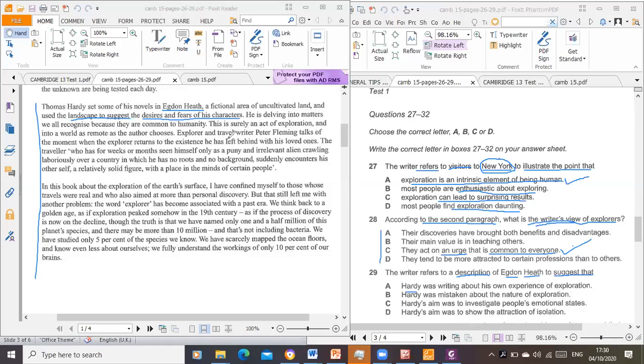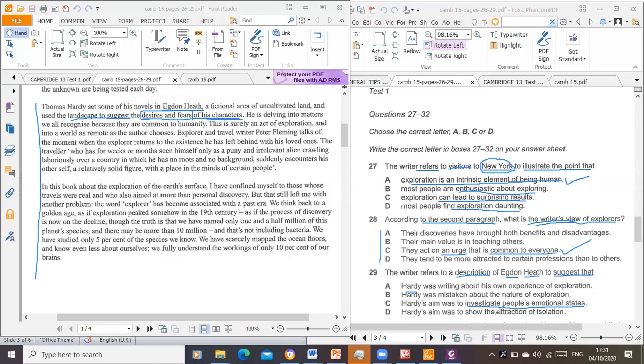You can see he talked about desires and fears, which is not only fear, it is desires. These are emotions. Please note it wasn't talking about his own fears and desires. They were of his characters, other people. So, investigate people's emotional states.